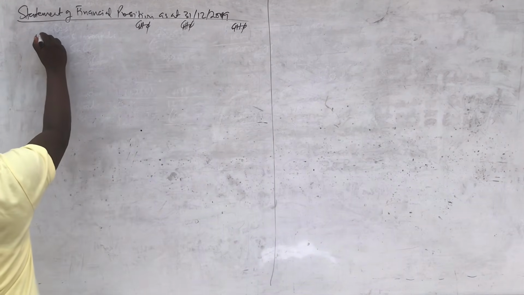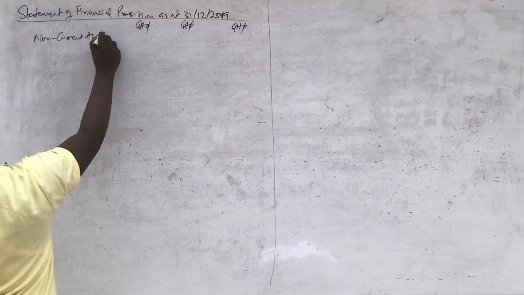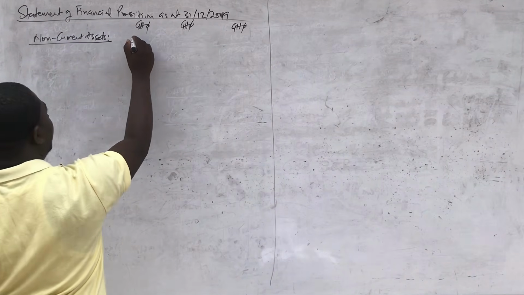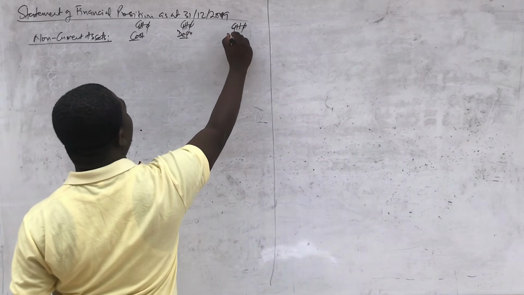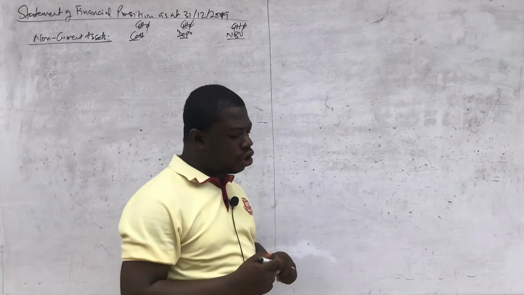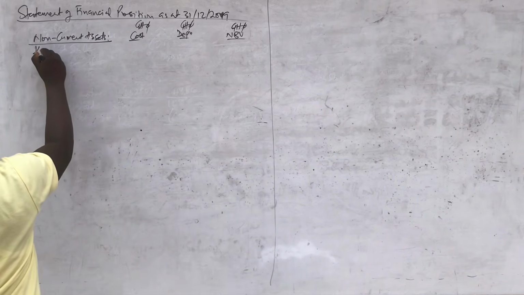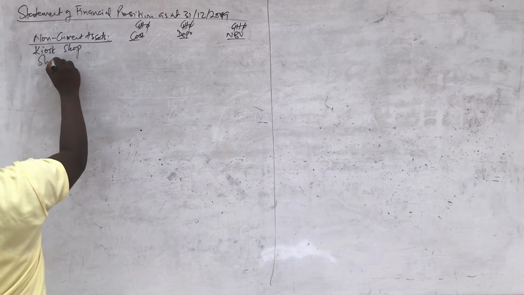So we'll begin with our non-current assets quickly. So on that line, we can say costs, accumulated depreciation, and the net book value. So we have only two non-current assets, the kiosk shop and the shop fittings in this question.